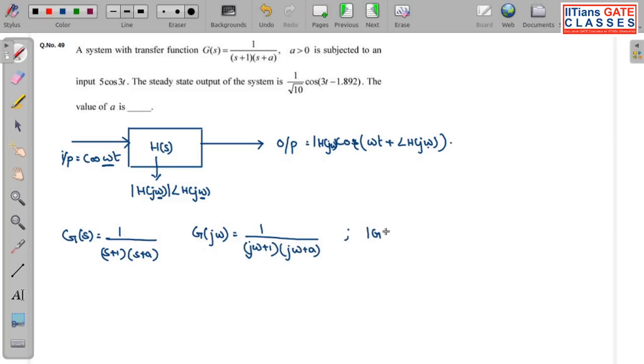So what will be the magnitude and phase? First let me write the magnitude.